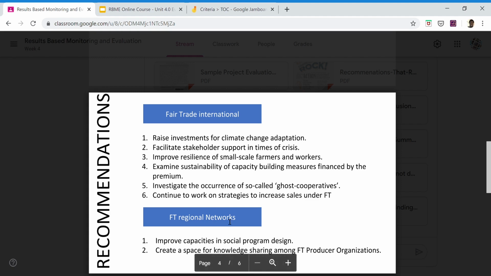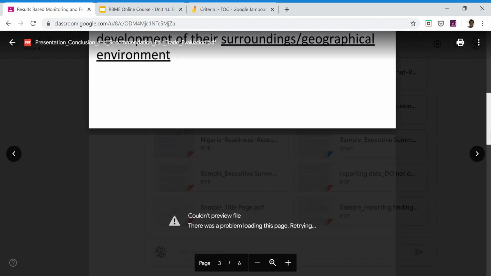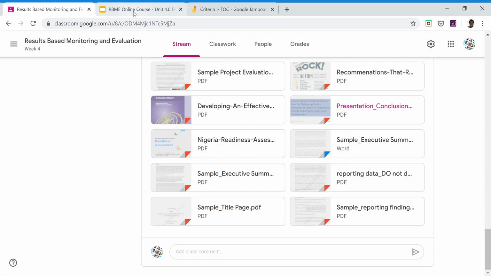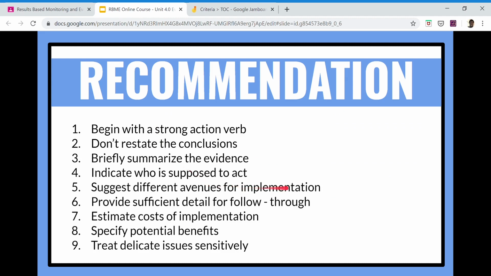And for the regional networks that were into fair trade: improve capacity, experience. So it should be actionable, and each stakeholder should know what they are expected to do, right? So that's what that means.